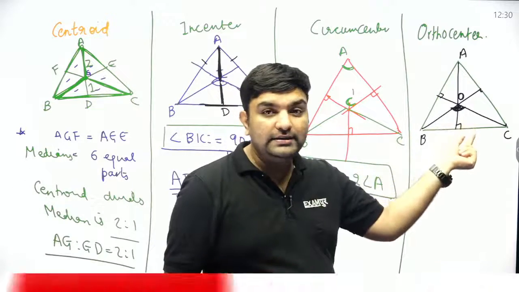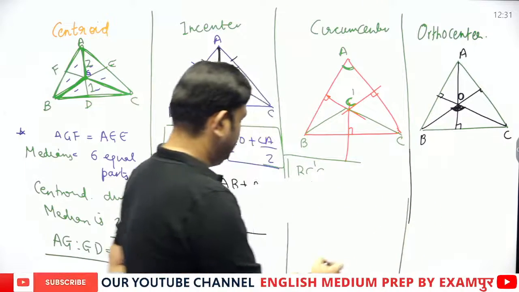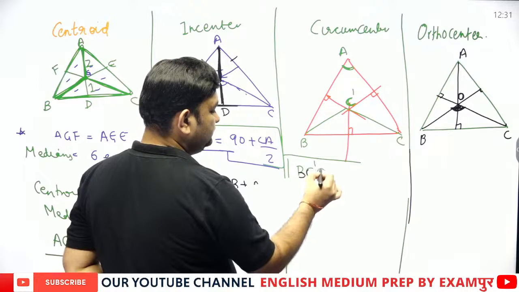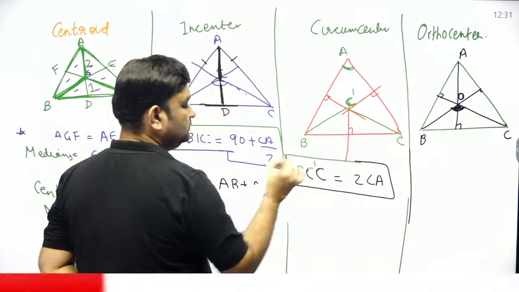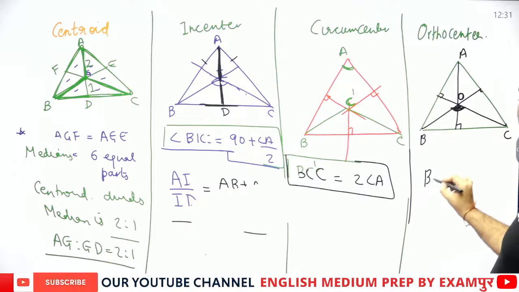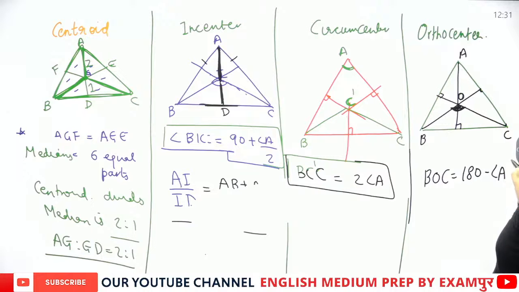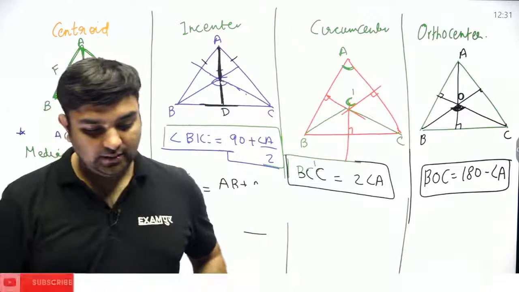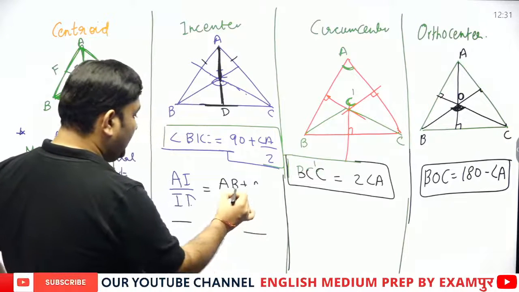For the orthocenter, again this angle is different, and now angle BOC will become 180 minus angle A. So three different centers, three different answers are possible.